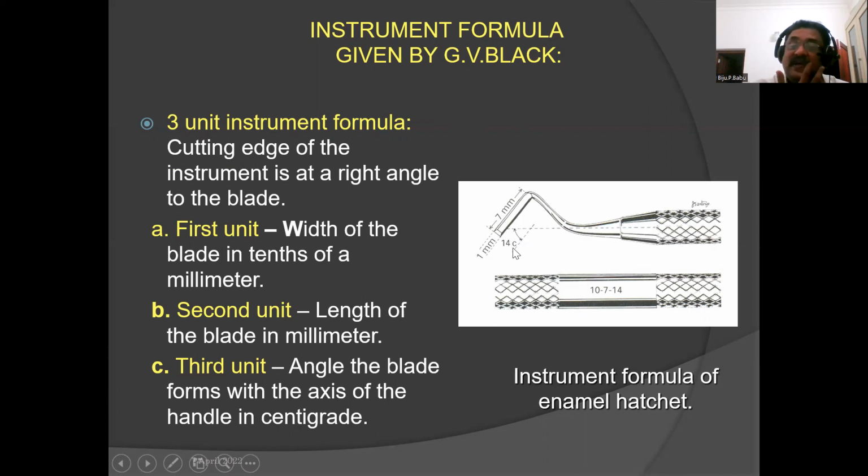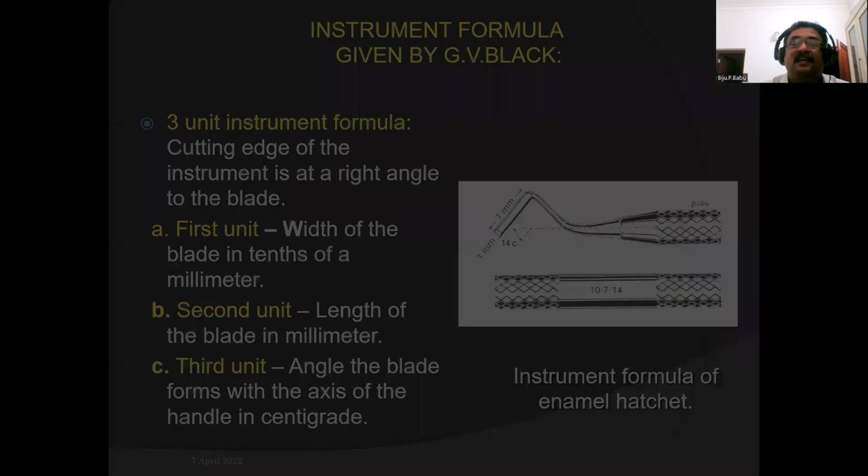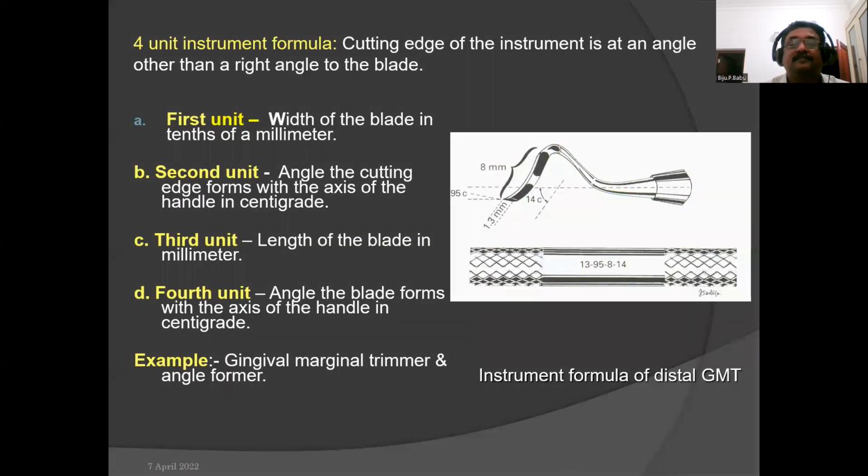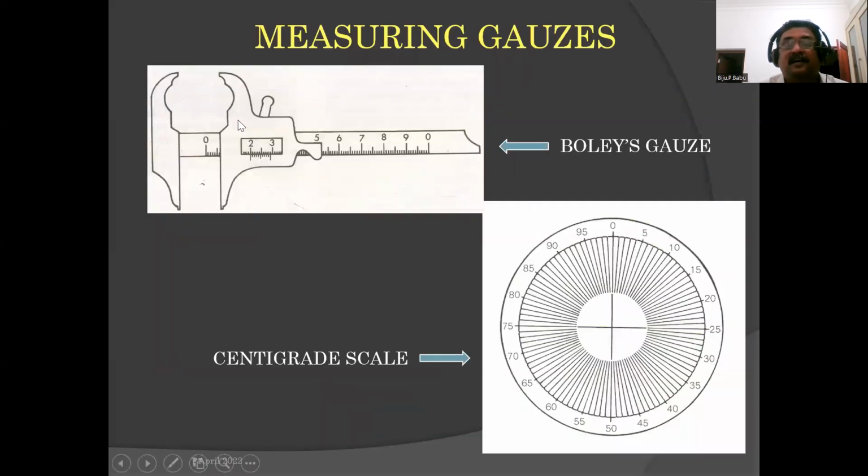Now, what is centigrade? Usually a circle is marked by 360 degrees.